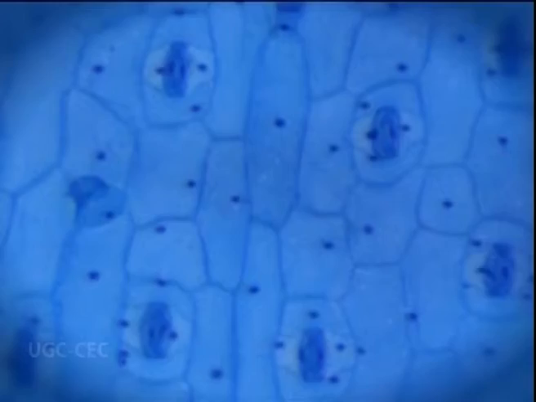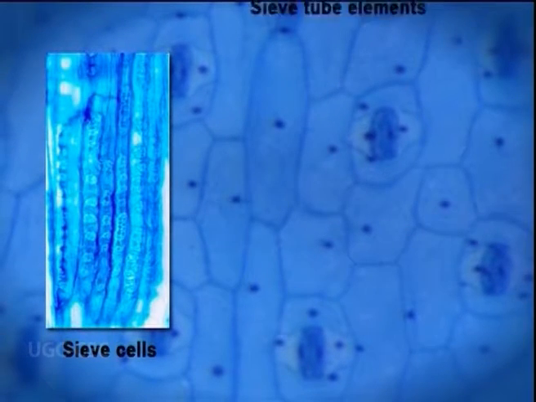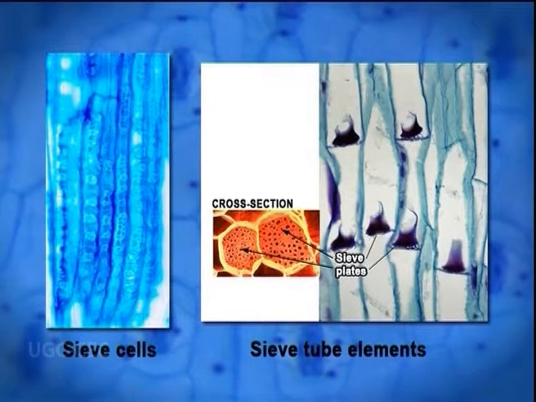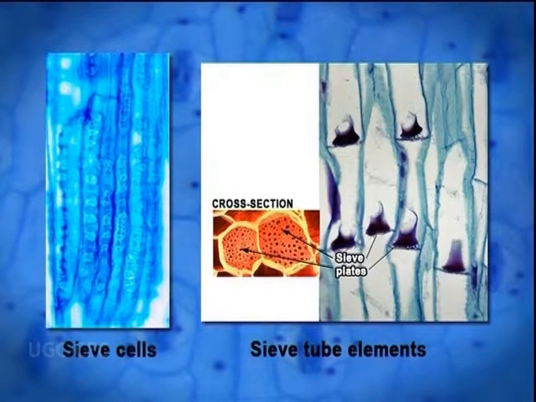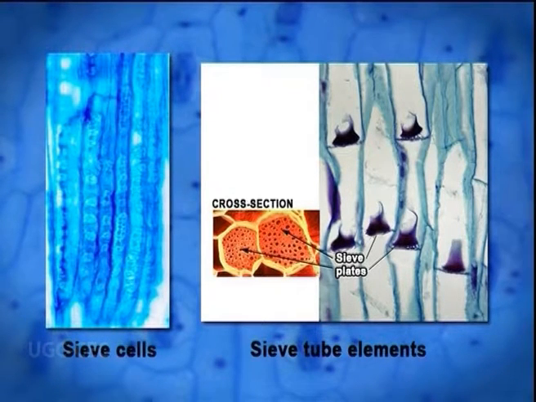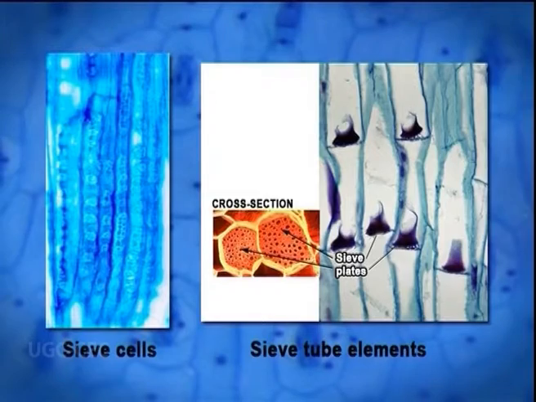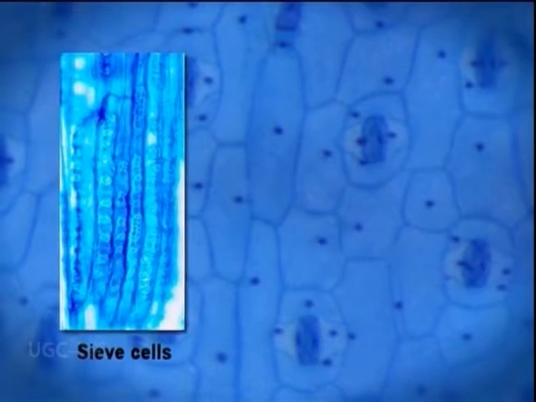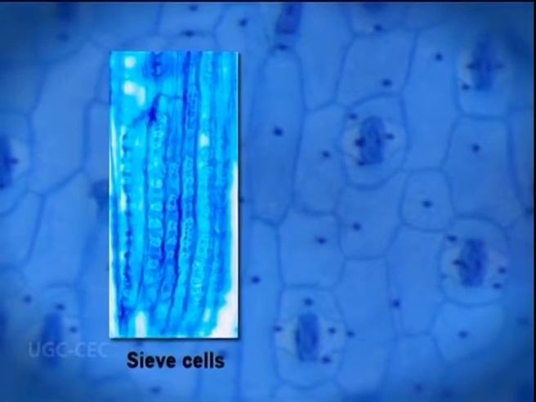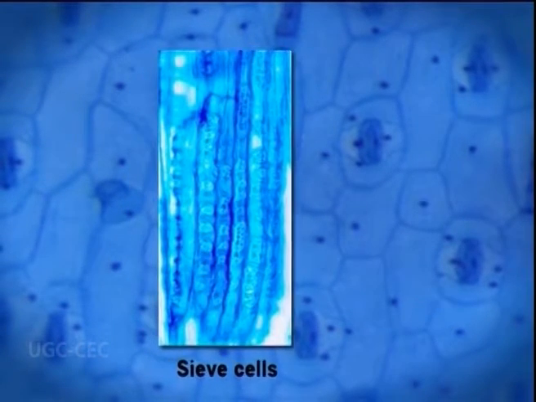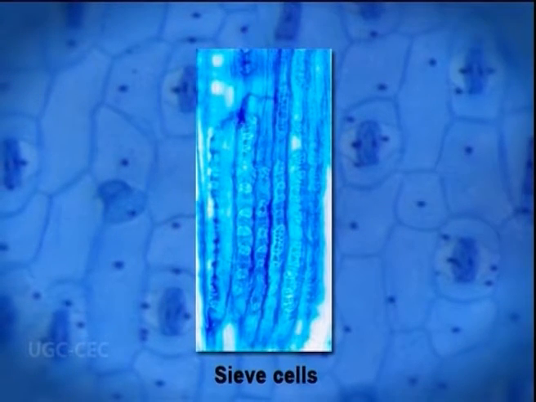The two types of sieve elements are sieve cells and sieve tube elements, which may be considered analogous to tracheids and vessel members of tracheary elements in the xylem. A sieve cell is an element with relatively unspecialized sieve areas.